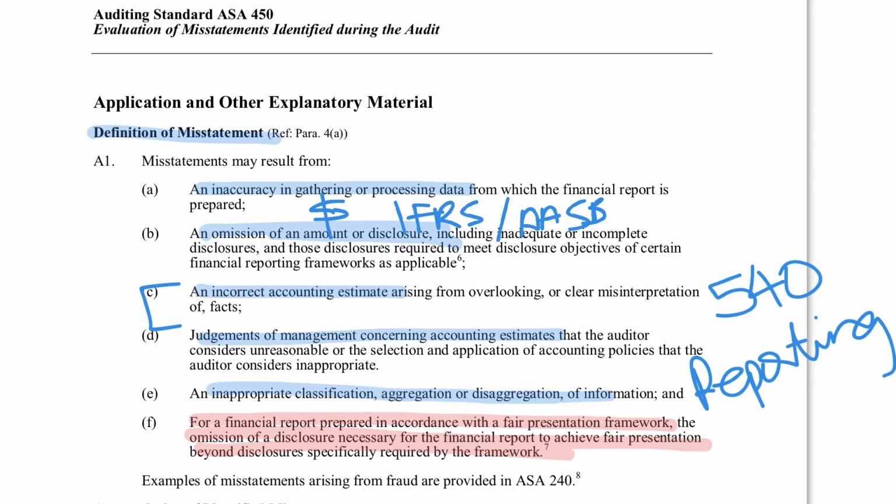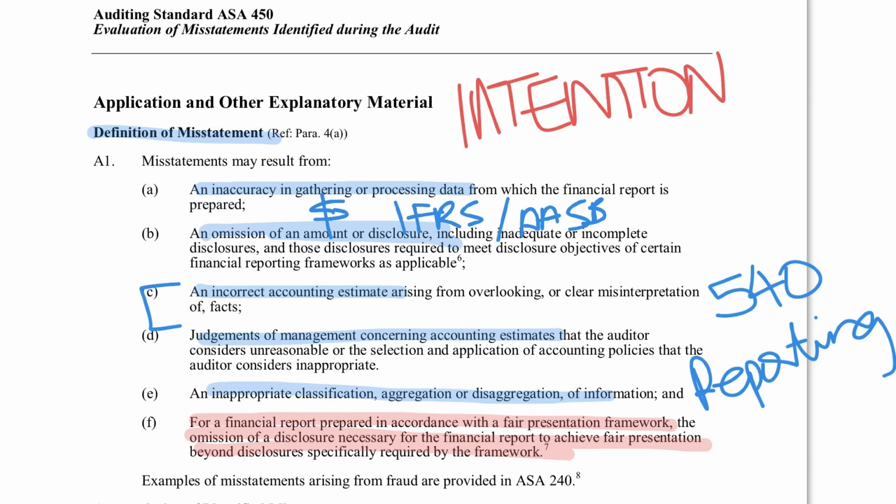It's very rare, but there is that possibility. So those are all the different places that we might have misstatements. Now, some of these could be intentional manipulation, or it could be accidental error when it comes to misstatements.